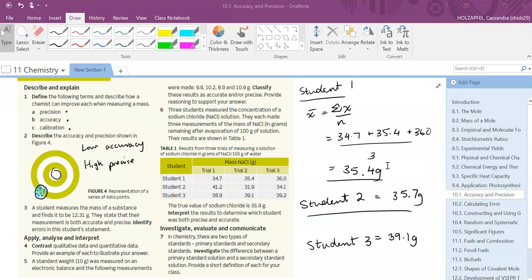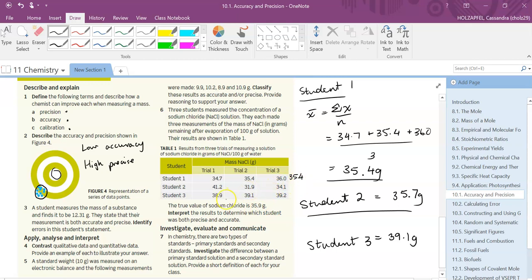So student 1, you can see here 34.7, 35.4, 36. There's a little bit of variance, so I wouldn't say that this is the most precise, but it's not too bad. And this has an average of 35.4 grams. When I compare that to 35.9, it's not too far off.